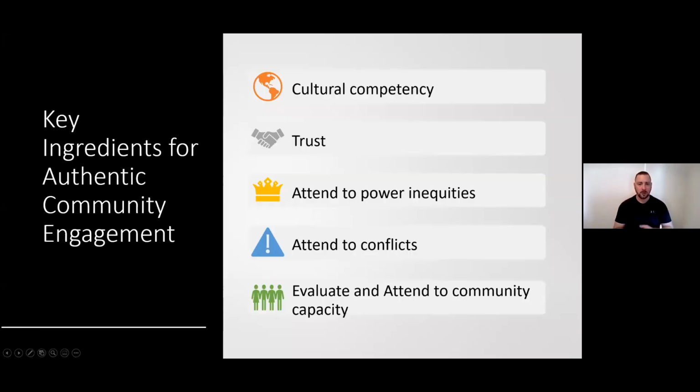Those are the key ingredients for authentic community engagement. Cultural competency: you have to be able to understand the cultural context that the community parties are coming from. It could be language issues, like communities that may have some linguistic isolation. So how do you engage those communities?